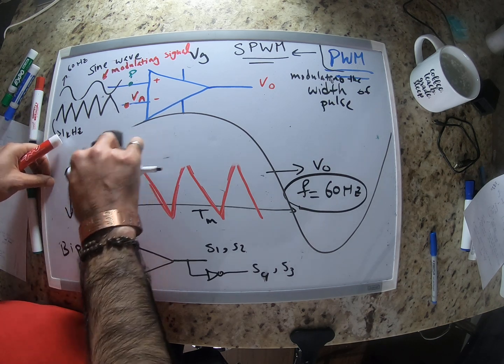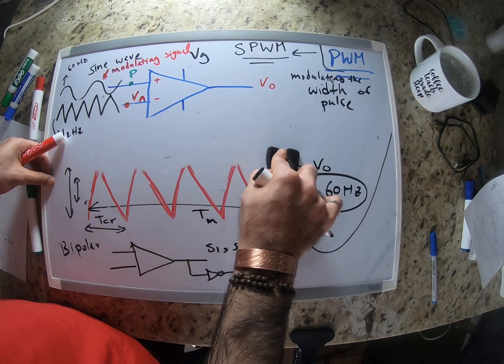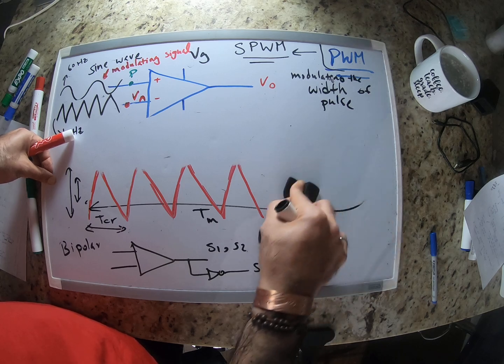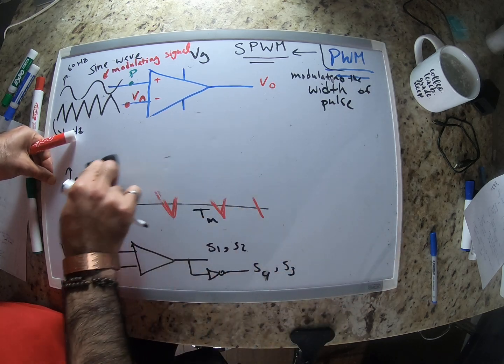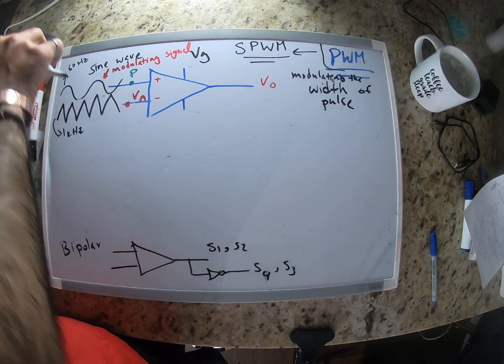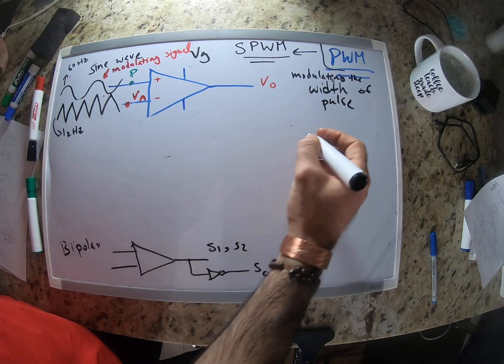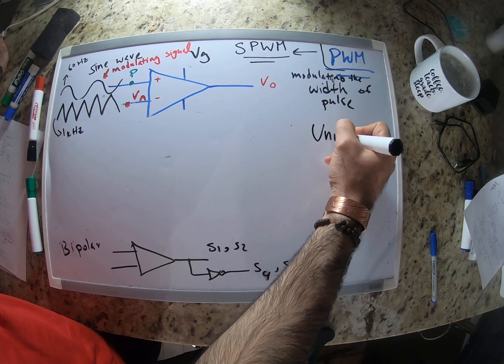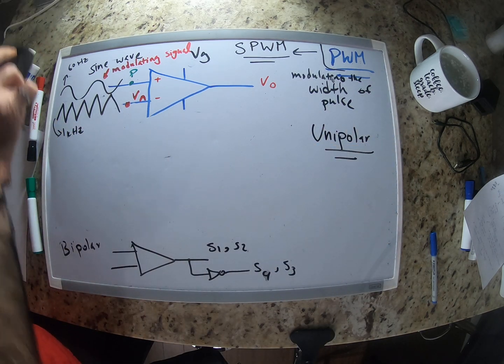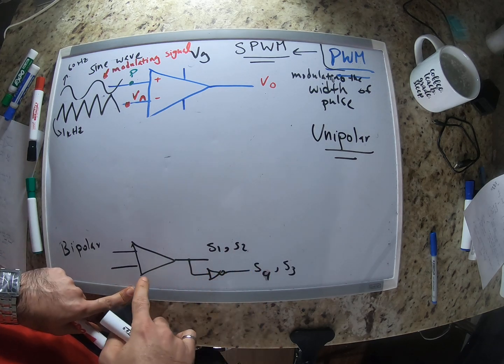So we're going to see the impact of the amplitude and frequency of the modulating signal and the carrier signal in a future video. But for now, let's see how unipolar modulation works. You remember that for bipolar modulation, we only need one comparator.